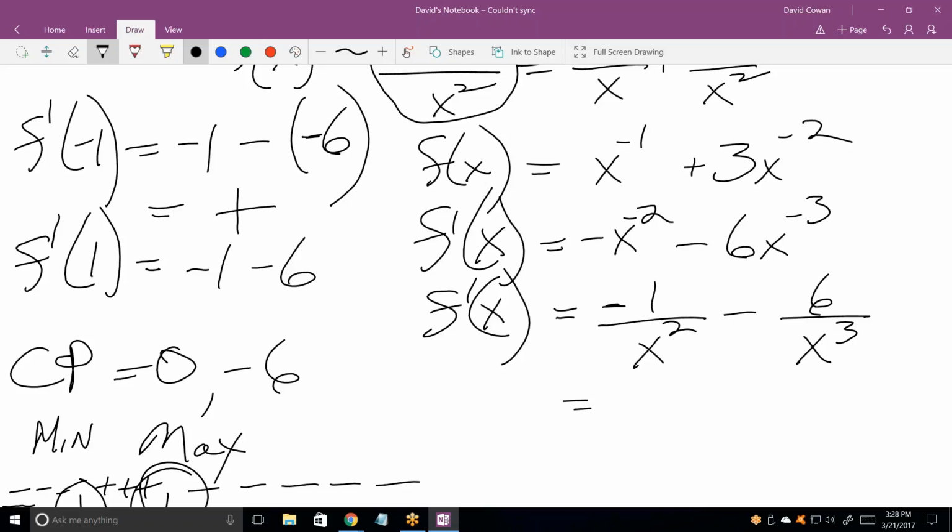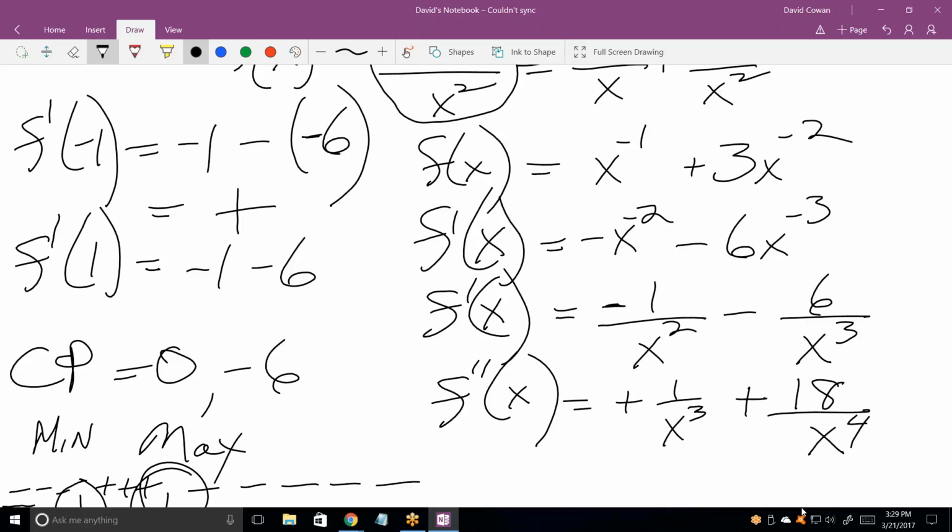That's x to the -2, so it becomes plus 1 over x cubed. This becomes 6x to the -3, so it becomes plus 18 over x to the 4. So that's f double prime.